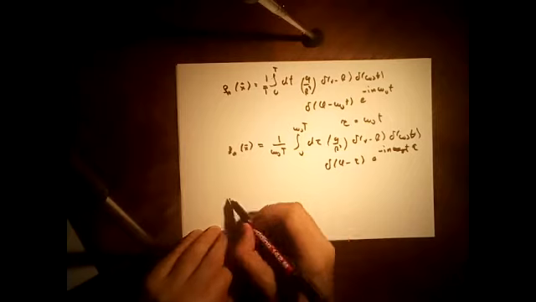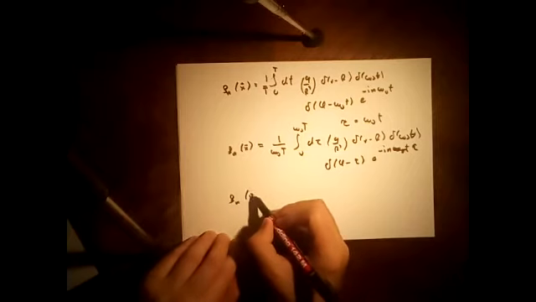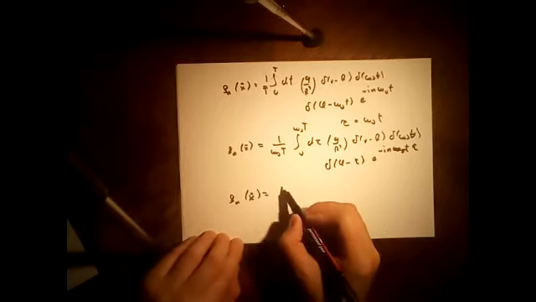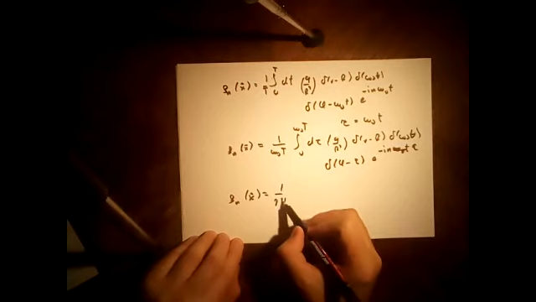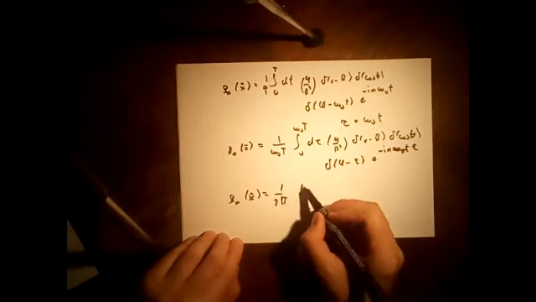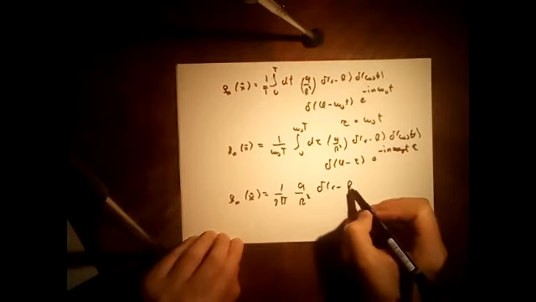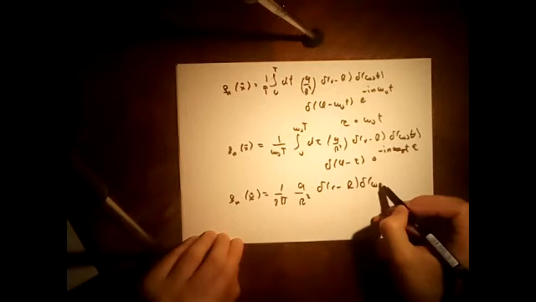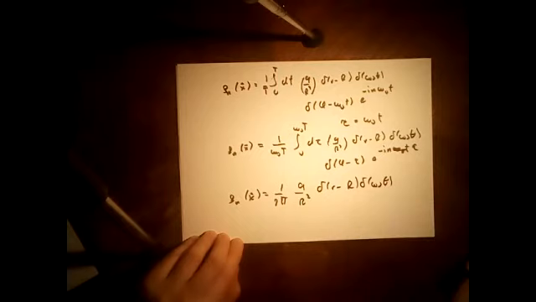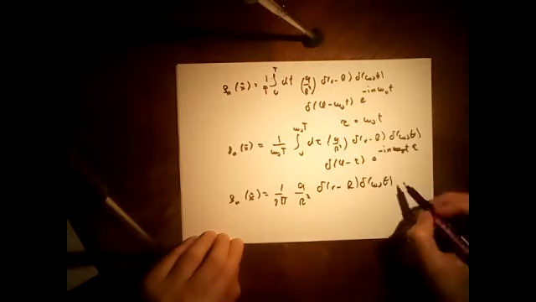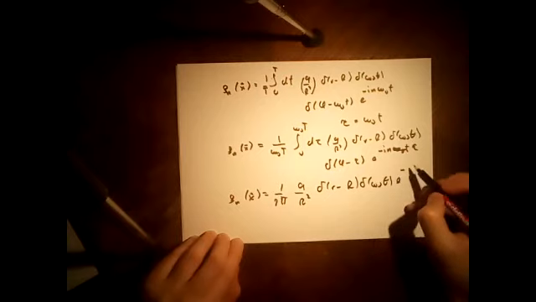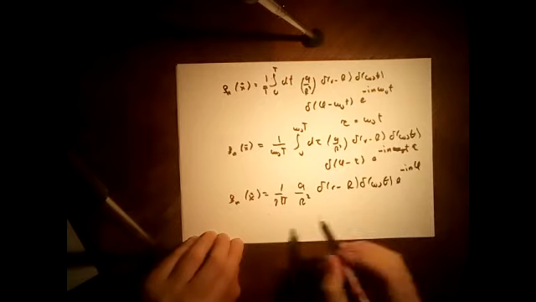Okay, and basically what you're going to get for rho_n(x), obviously, is 1 over 2 pi q over r squared delta(r minus R) delta(cosine theta). And this delta function gives us e to the minus i n phi.